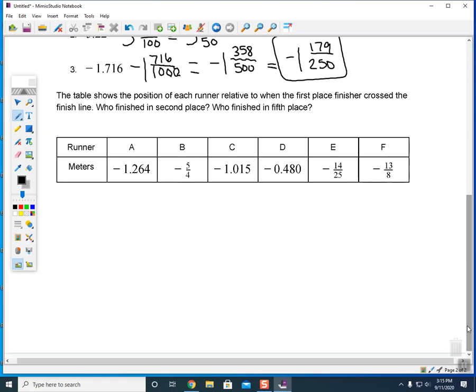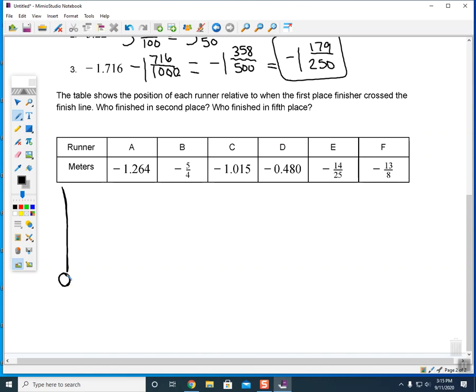Okay, last one here. We've got a word problem. The table shows the position of each runner relative to when the first place finisher crossed the finish line. Who finished in second place? So the way we have to think about this is, here's my finish line. My first place finisher crossed it, so this is 0.